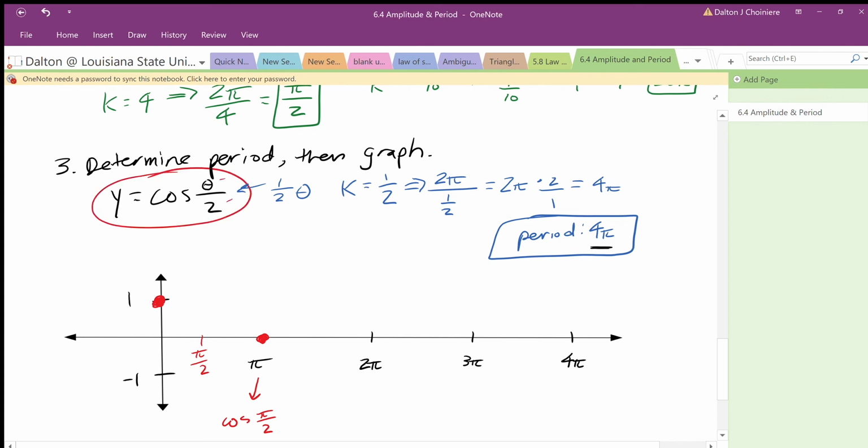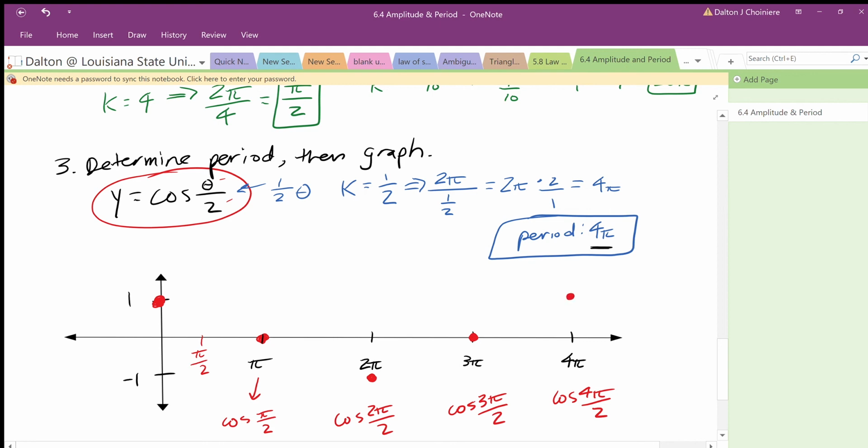Same thing, when I substitute 2 pi, then I get the cosine of 2 pi over 2, which is the cosine of pi, which is at -1. Then if I substitute 3 pi, I get the cosine of 3 pi over 2, which is back to 0. And if I substitute in 4 pi, I get the cosine of 4 pi over 2, which is technically the cosine of 2 pi, which is 1.